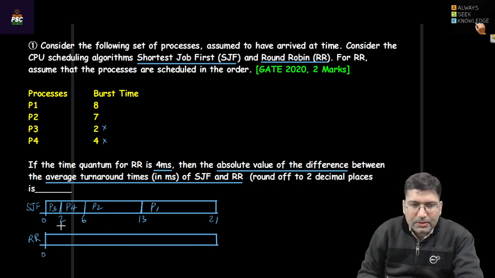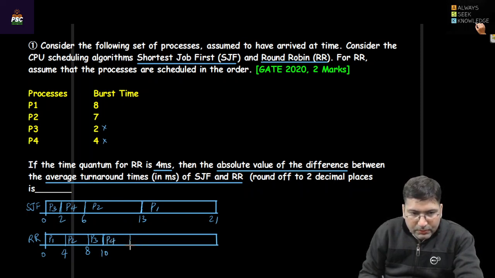Now let's look at the situation in round robin. At moment 0, P1 is scheduled for 4 units of time. So this is 4. Then P2 will be scheduled for 4 units of time, so it is 8. Then P3 will be scheduled, but P3 totally requires 2 units. So P3 will finish its execution by 10. Then P4 will be scheduled.